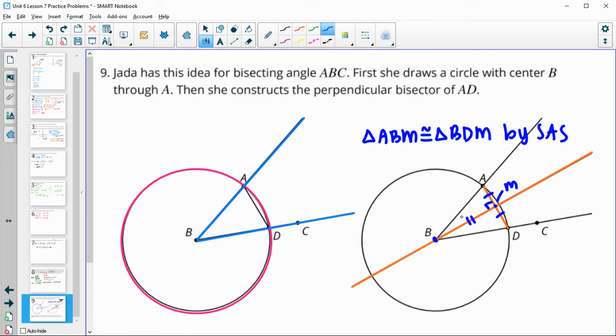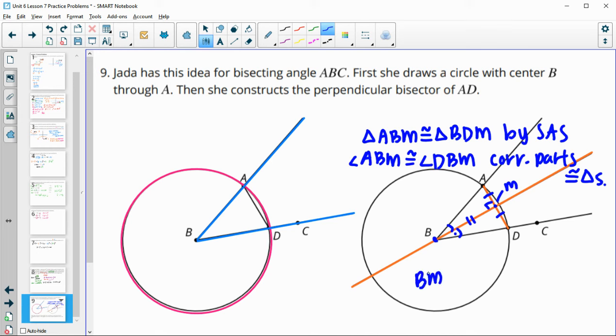Since the triangles are congruent, these two angles would have to be congruent. So angle ABM would have to be congruent to angle DBM because they're corresponding parts of congruent triangles. We just proved the triangles were congruent and those are corresponding parts, so they have to be equal.